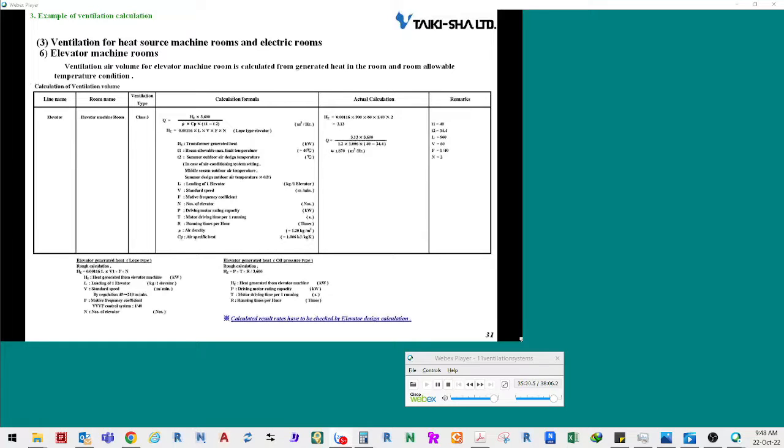Within the yellow frame on the right side, numeric values used in the calculation are described. Confirm the calorific value of the elevator equipment from the person in charge of its design or the manufacturer. The calculation formula is as shown on the slide. Individual numeric values are those used for ventilation calculation for the elevator.